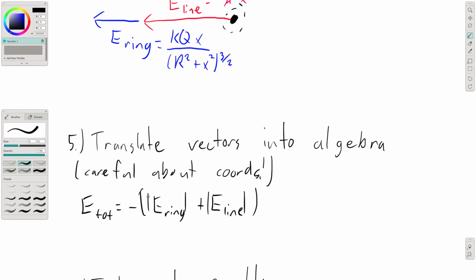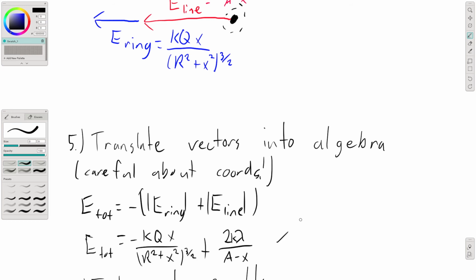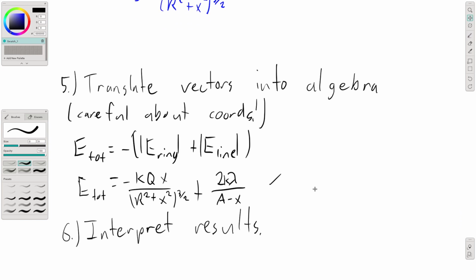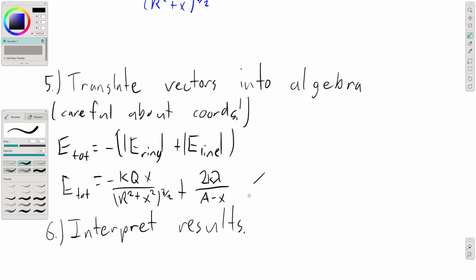So both of those will have a negative contribution to the total field. Hooray! Now, because we're looking for a specific point, a specific E total, and there may be numbers to plug in here depending on the problem, I trust your ability to do algebra, so I'm not including that in this problem.